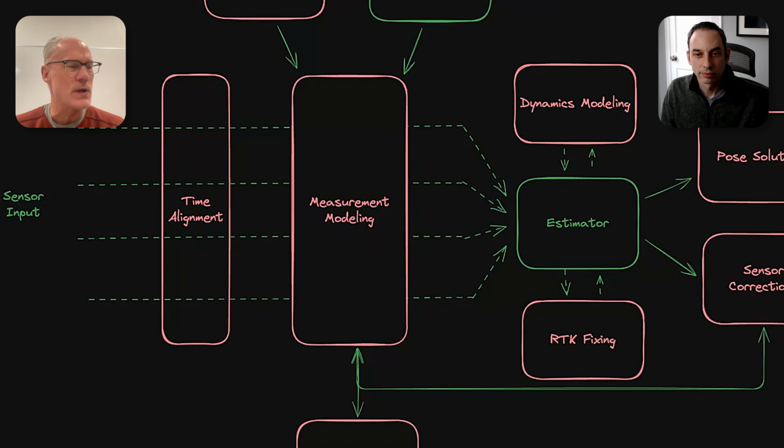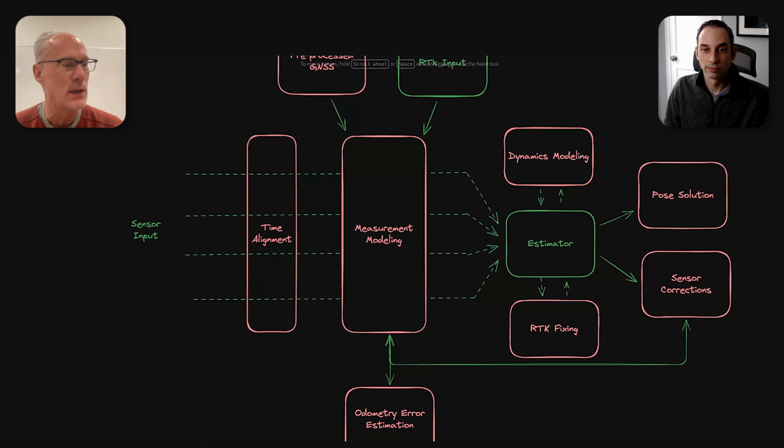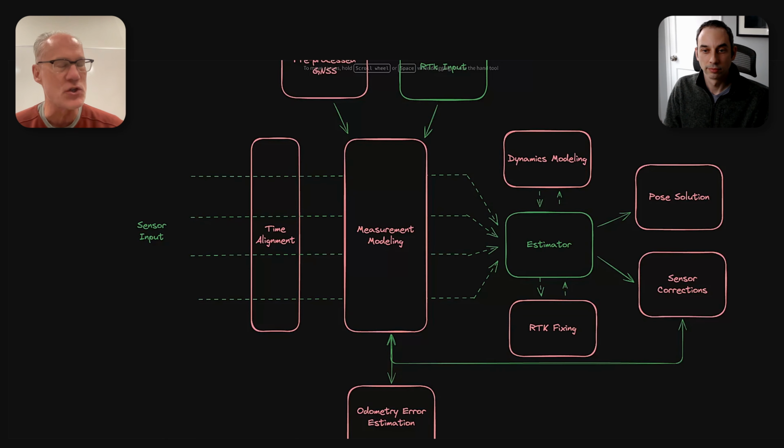Yeah, and it's interesting on this for a layman like me. A lot of what I've read about is how a lot of these positioning engines actually fail due to poor time alignment. Not necessarily the algorithms themselves, but if you don't get this properly aligned, you're going to be in a mess of trouble. Yeah, for sure. At the simplest, most naive case, if you've got data out of order, you could just drop the measurements and say, all right, well, sorry, you came late to the party, you're not usable.